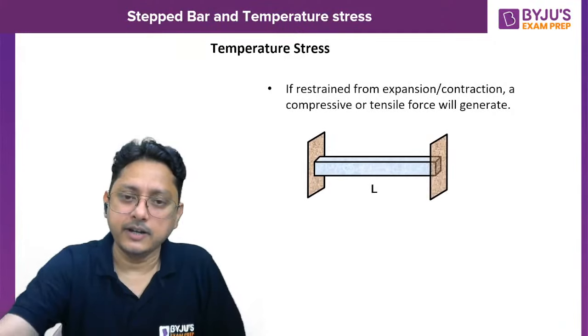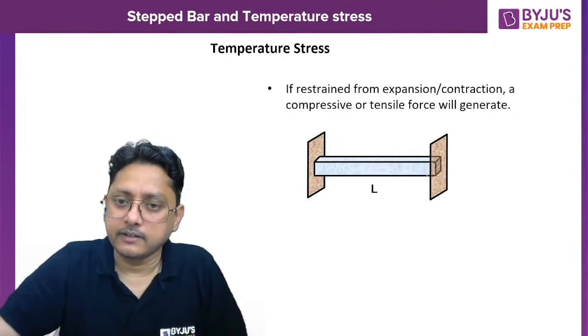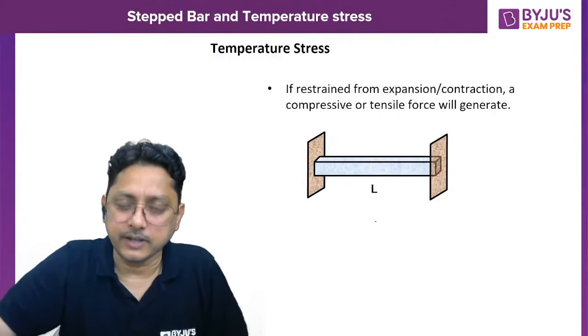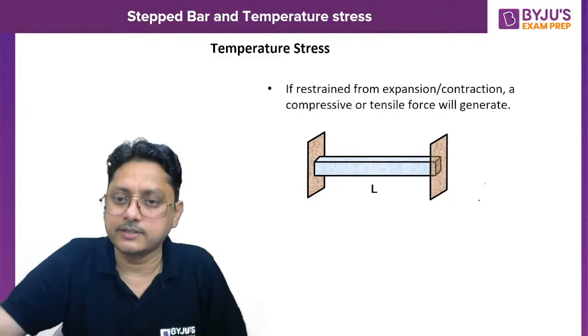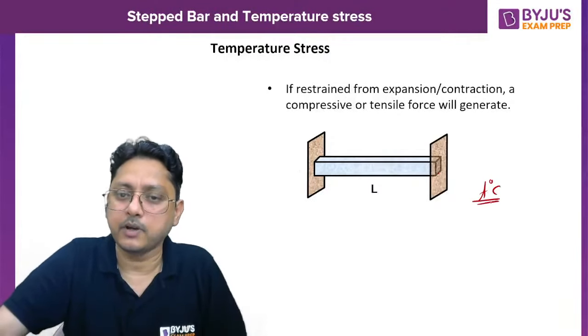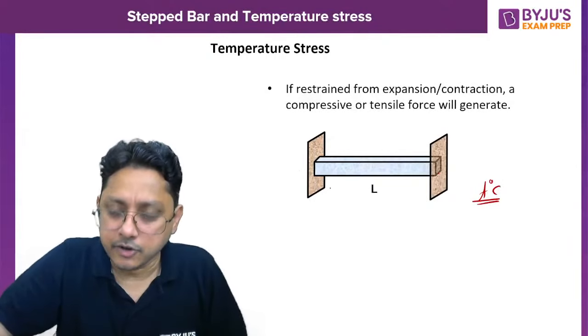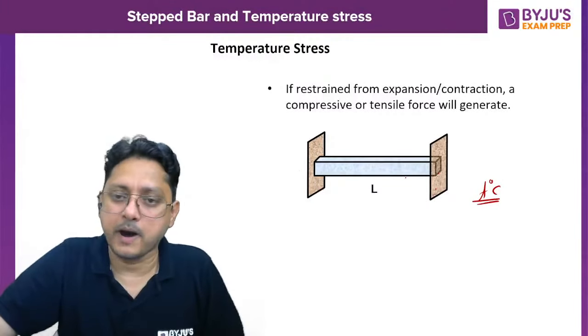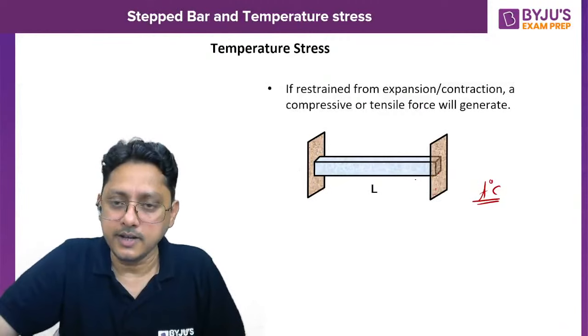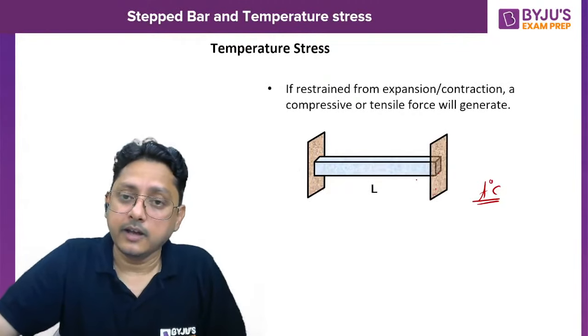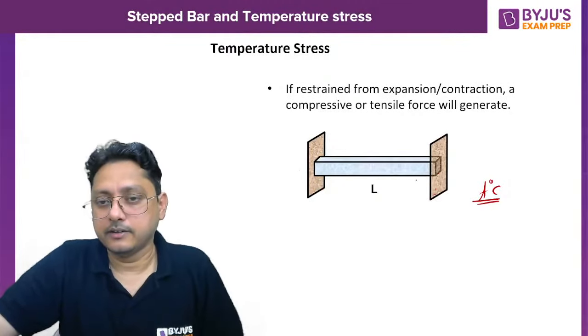This type of restraint, if you are restricting it from both sides, if your bar is now fixed. Now if you are going to increase the temperature by T degree centigrade, what will happen? Of course, these restrained positions will not allow your bar to expand, then a compressive force will generate.